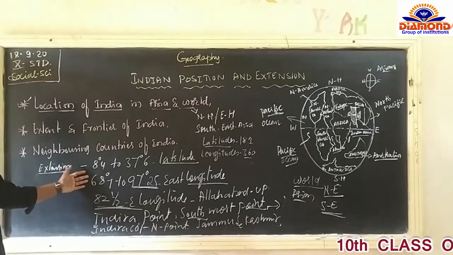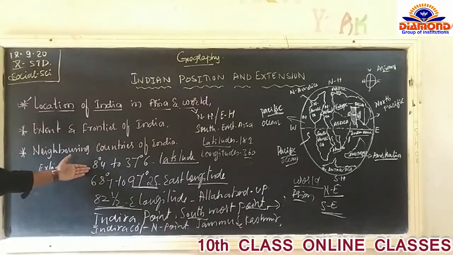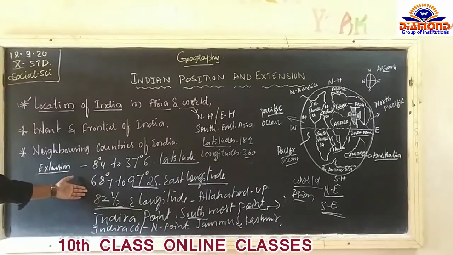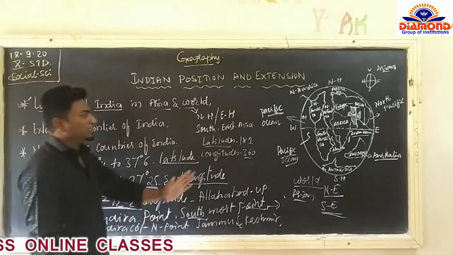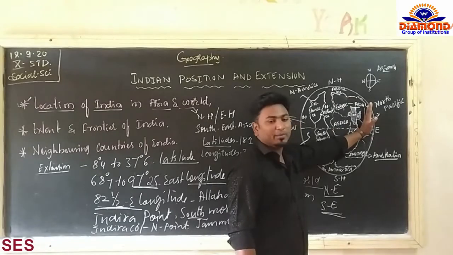These are the important lines of latitude that cross India, starting from 8.4 degrees to 37 degrees, and the longitude also, from 68, beginning from India here and ending with the Andaman and Nicobar.